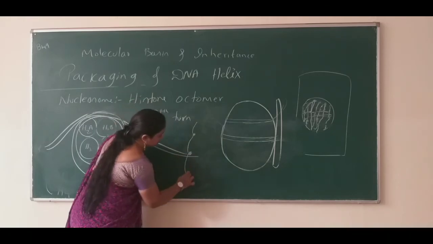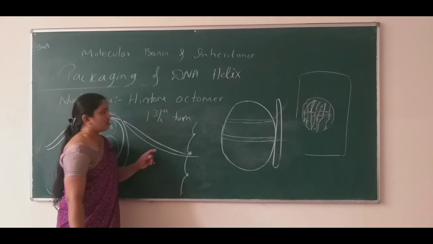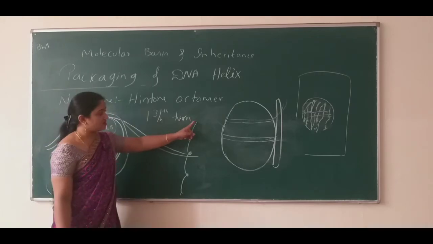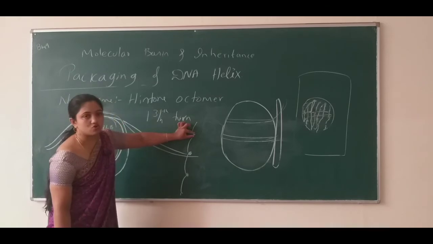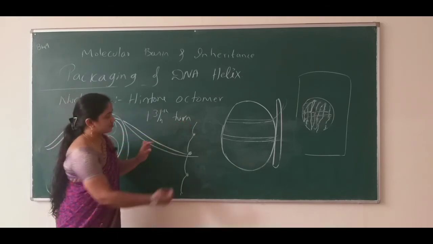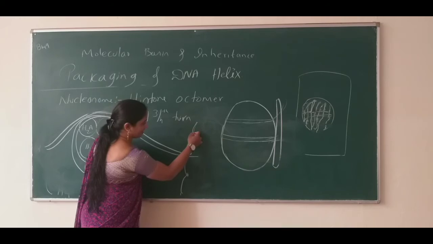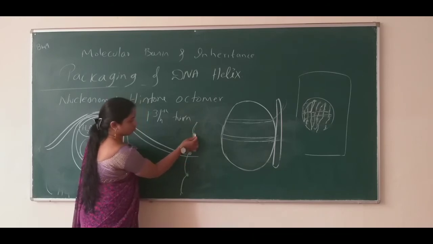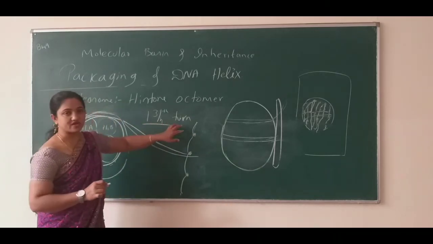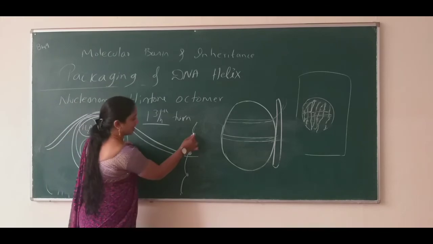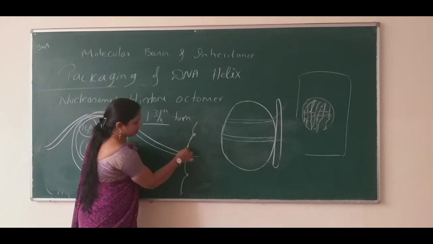Suppose we have a chromatin fiber, it is like this. Here a histone octamer is present, and the DNA helix is wrapped around the octamer. It takes 1 and 3/4 turns, and then it separates.